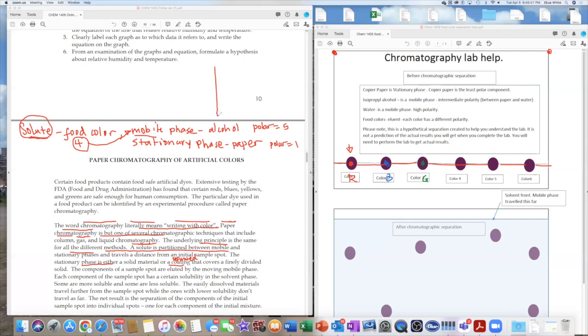The beaker won't be filled, but it will have your mobile phase in there. So your mobile phase is in here. Let's pretend the level is here. And then you have your piece of paper in here. I'm going to draw the paper with the color, let's say light blue.